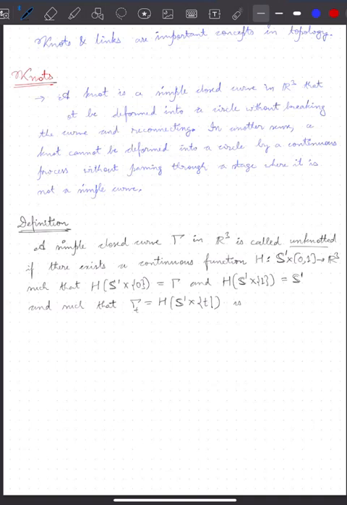And so this is a continuous mapping, and each gamma t is a simple closed curve.